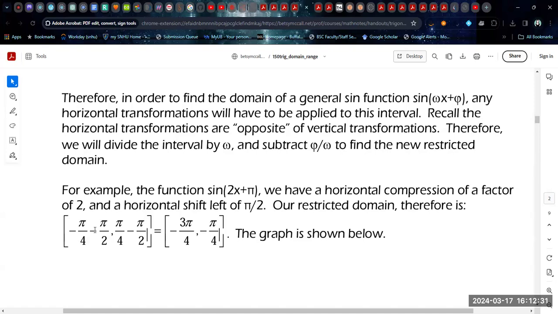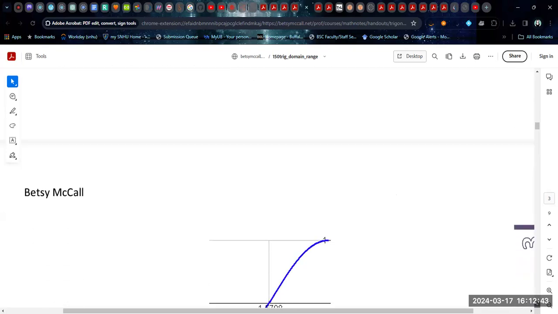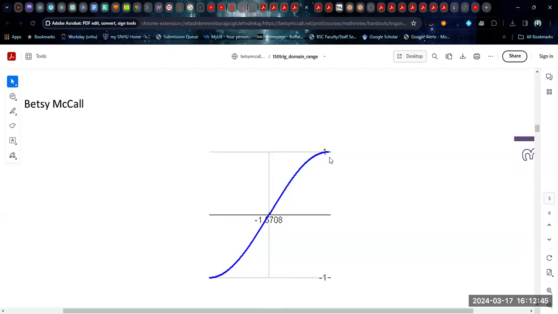And then therefore, since this is a leftward shift, I'm going to subtract pi over 2 from each of these endpoints. And that's going to give me negative 3 pi over 4 to negative pi over 4. So that's my graph. Again, that's the restricted graph of the original function, where I have, again, that string of values for the sine function that goes from here to here.